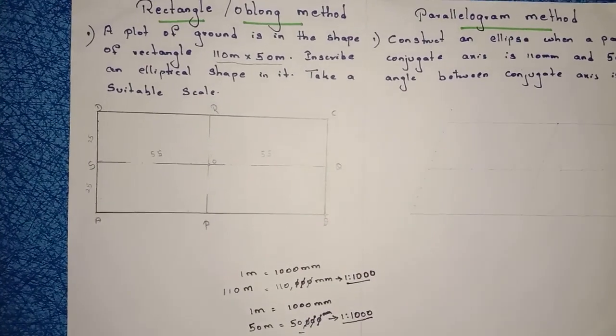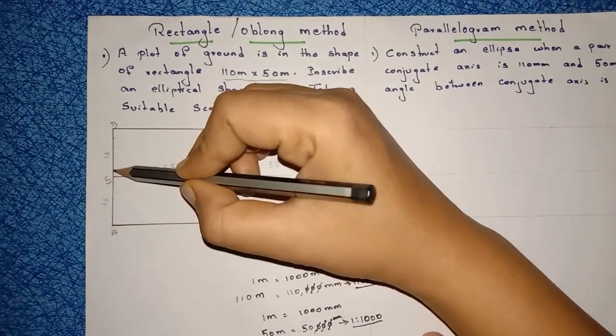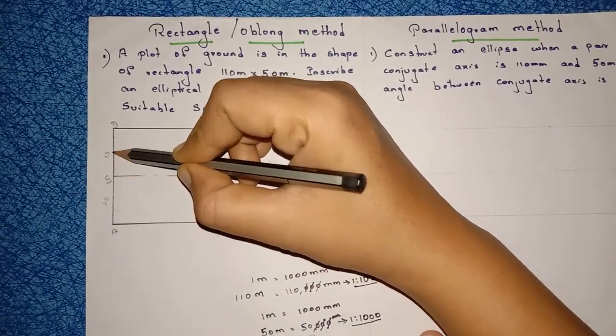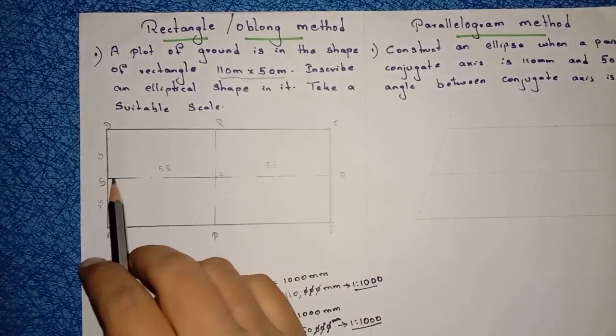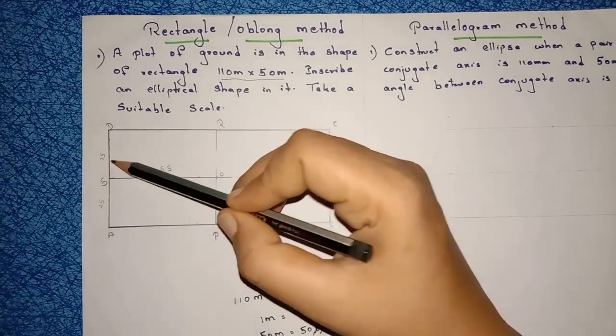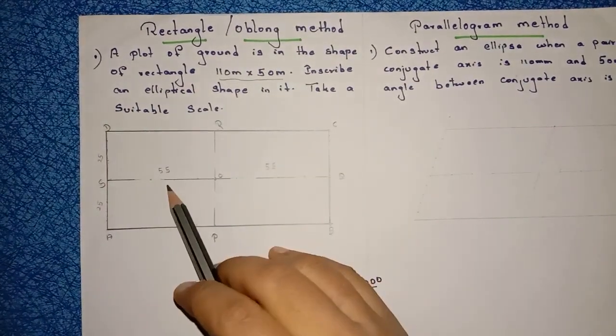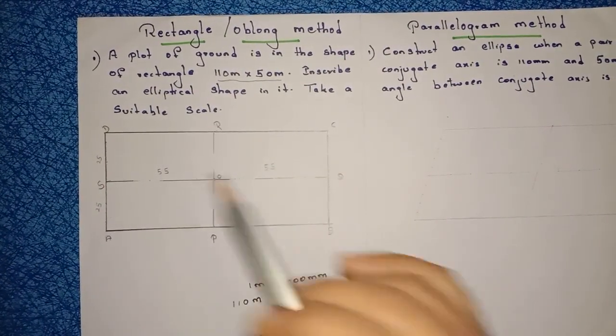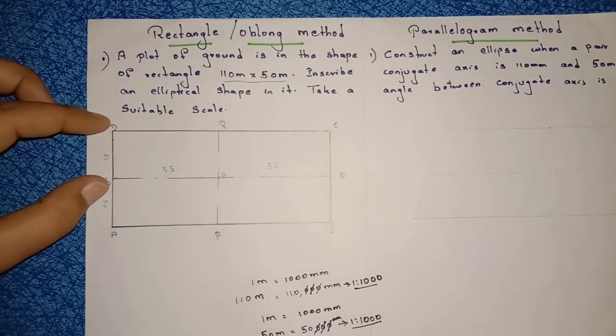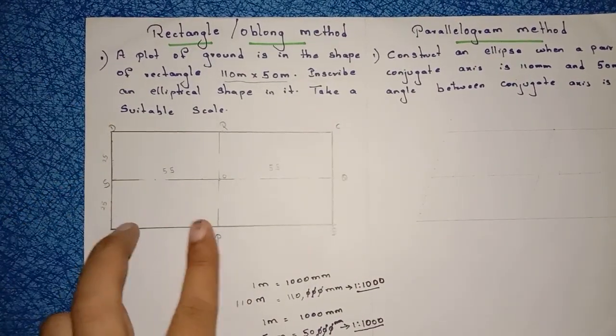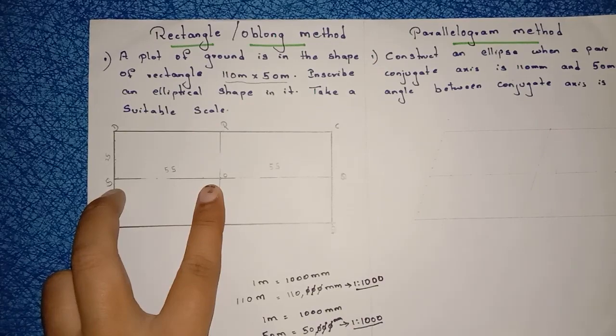Now how to construct an ellipse in it? Now you see, this is a 25 mm line and this is a 55 mm line. Suppose if you are dividing this 25 mm line into 3 equal parts, definitely you have to divide this into 3 equal parts. If you are dividing this SJ into 4 equal parts, definitely you have to divide this OS into 4 equal parts.